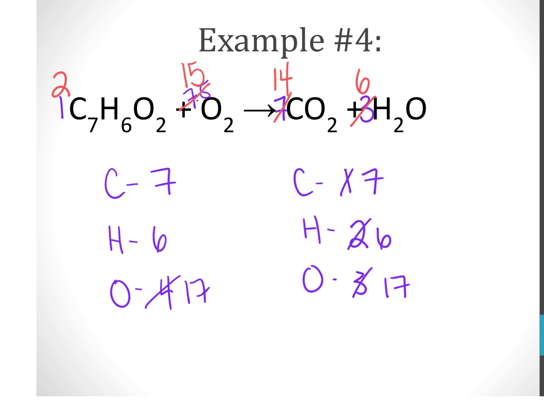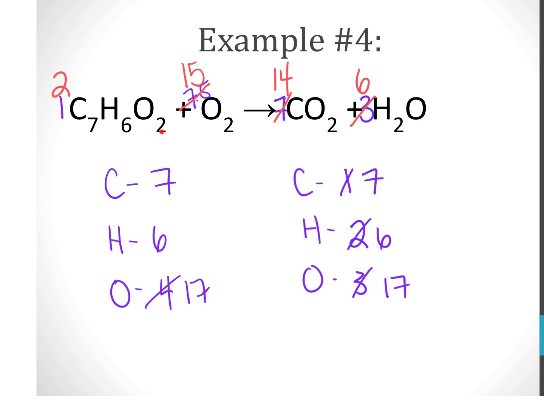Okay, now we're going to check one more time, to make sure we didn't make a mistake while doubling our numbers. So what's 2 times 7? Okay, so there's 14 carbons, and how many carbons are over here? 14. Next, 2 times 6 is 12 hydrogens, and what's 6 times 2? 12 hydrogens.